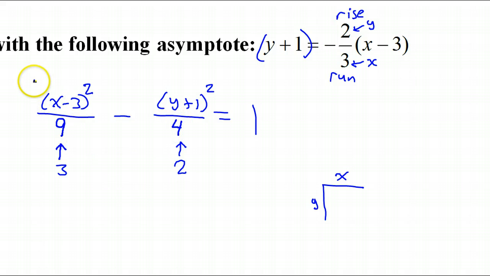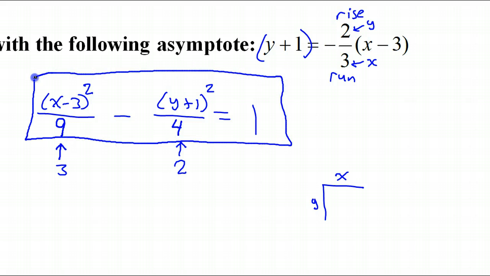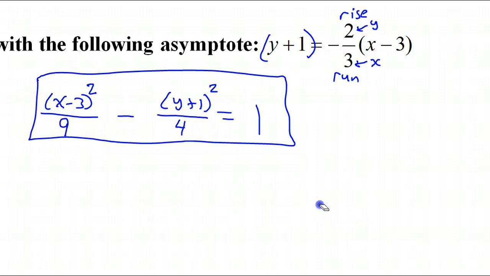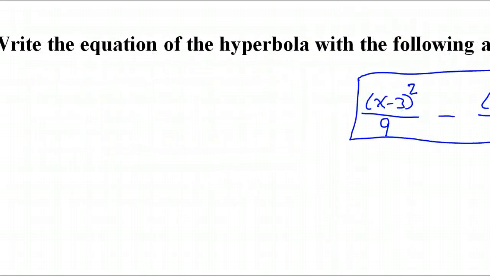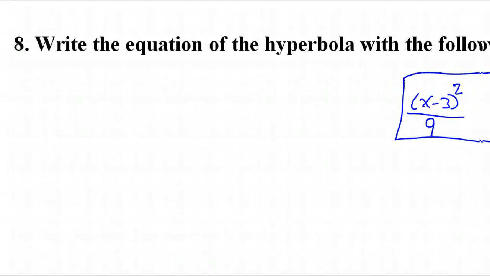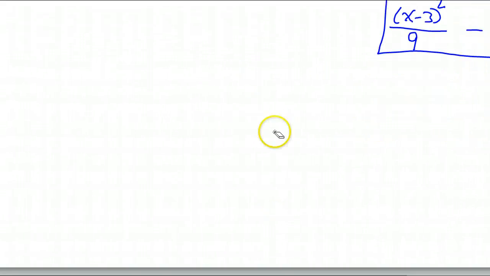Alright, so this is going to be one form of your equation. It was either going to be this, or the y could have been first. It could have been y plus 1 and then x minus 3. We don't have enough information to know if it's vertical or horizontal. So either way would have been good. So that was number 8. That's how you do number 8.